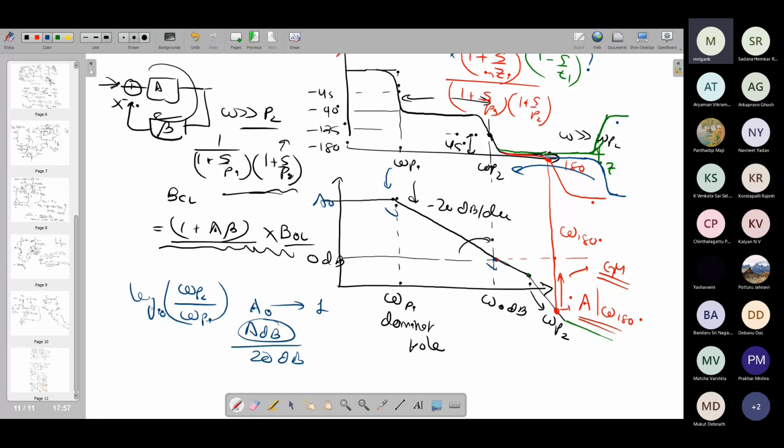So if log of omega p2 over omega p1 is greater than A dB upon 20 dB, this is going to ensure stability, right? Whatever is your zero frequency gain divided by 20 dB gives you the number of decades of separation required between omega p2 and omega p1. Of course we need to look at both, but the moment we make sure that the first pole is much lower than the other poles in the circuit, there is a much higher possibility that this condition will be met.